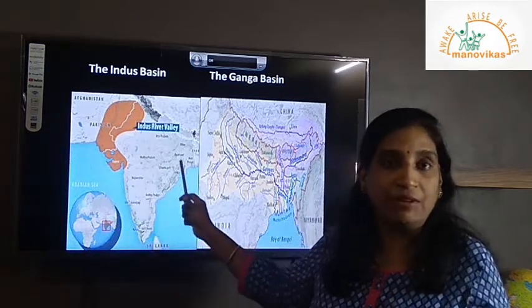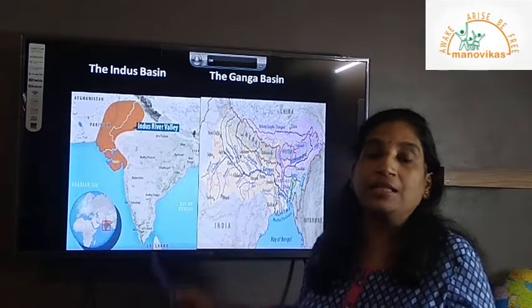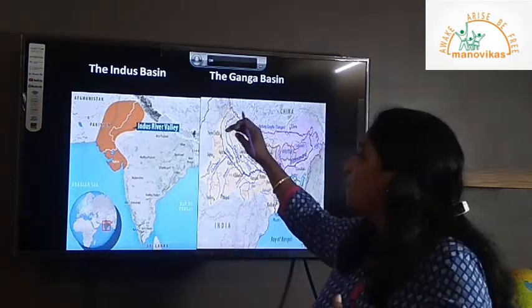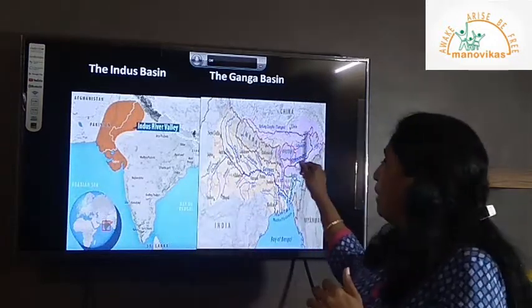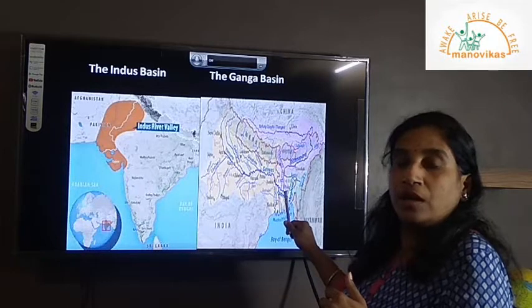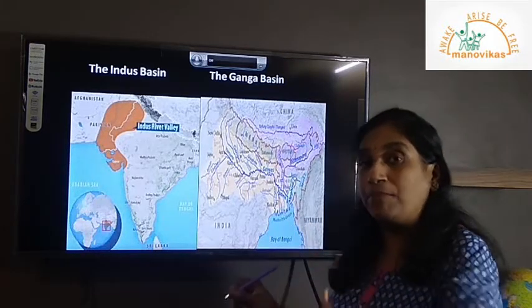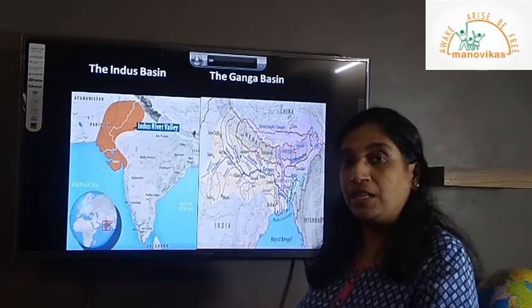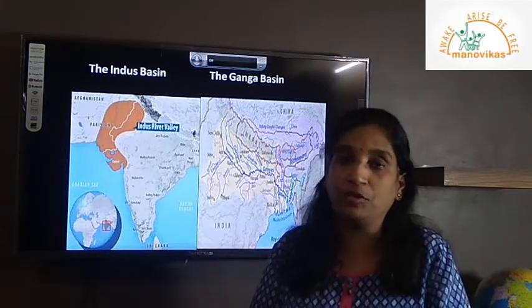This is the Indus River Valley plain, and then the Ganga River Basin, that is Ganga and all its tributaries, which move through these great plains of India. Finally Ganga and Brahmaputra join together and empty themselves, these big or longest rivers, into the Bay of Bengal, forming the largest delta of the world.